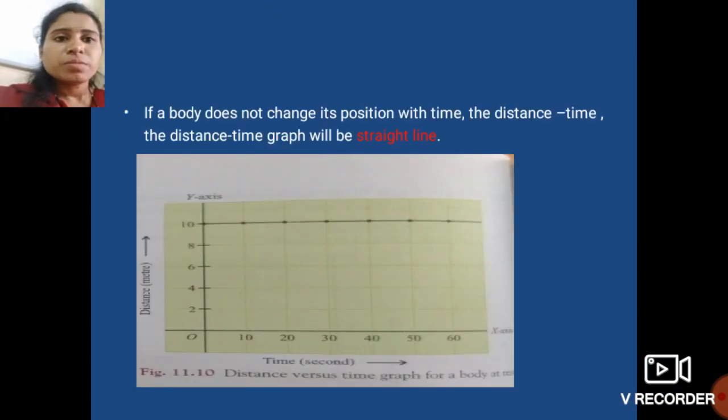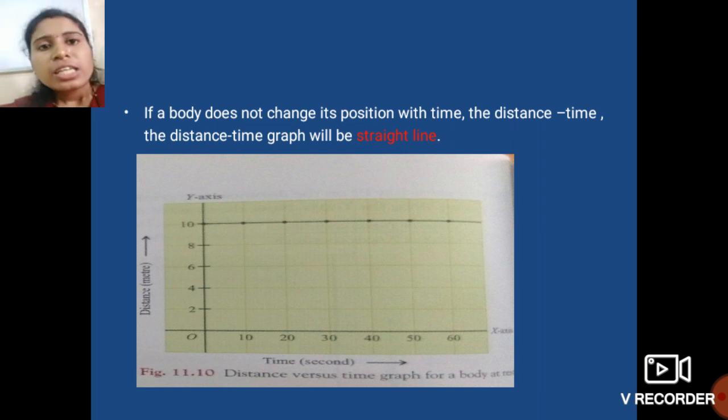See students, we have seen the graph in the previous session, but here I wanted to tell you about the comparison, what kind of graph shows what kind of motion.